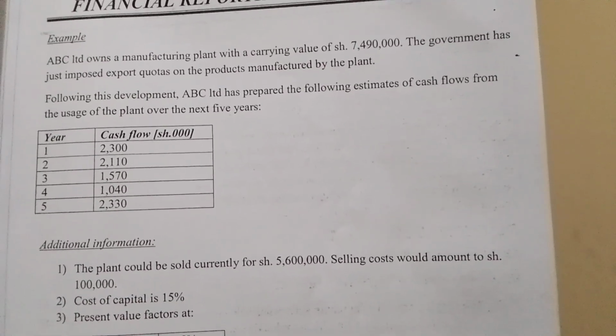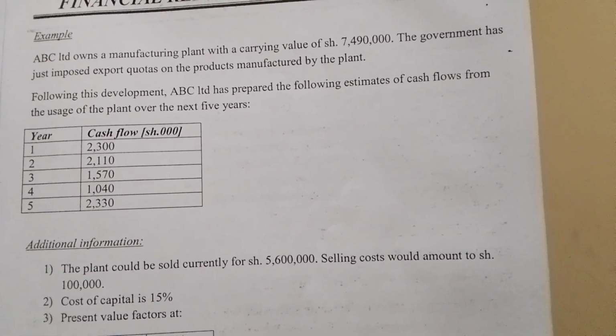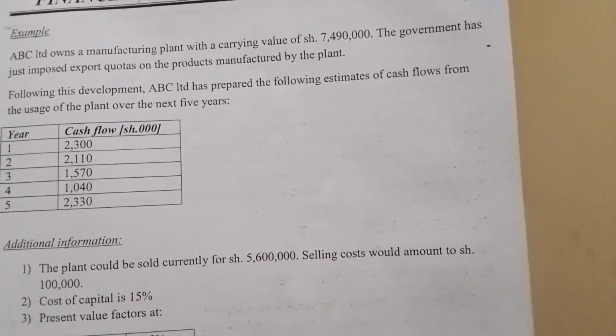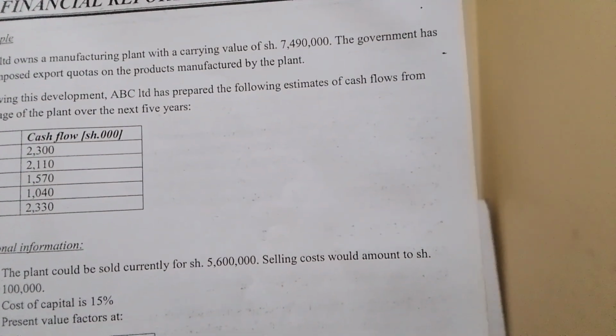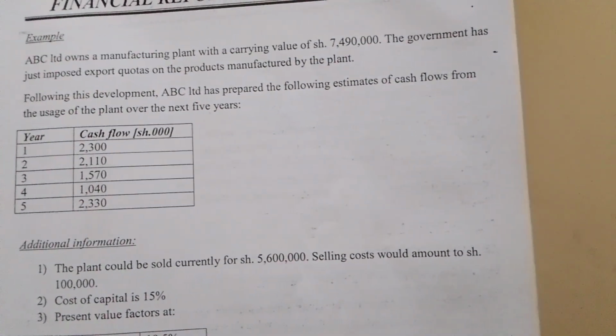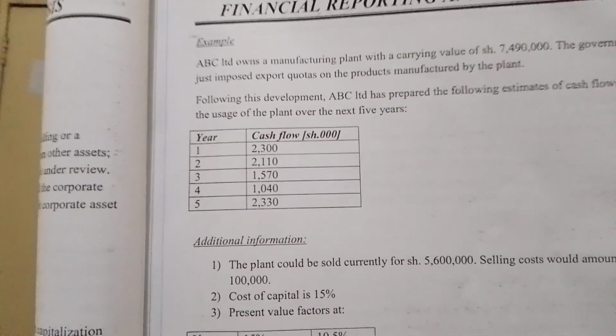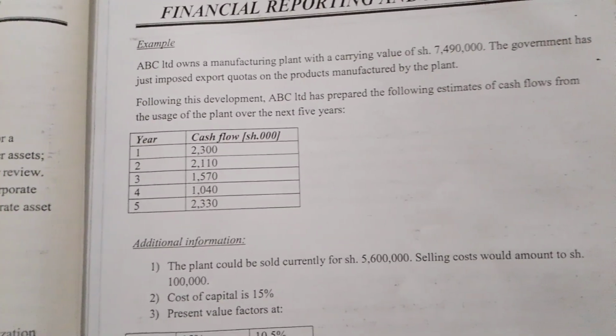ABC Limited owns a manufacturing plant with a carrying value of shillings 7,490,000.